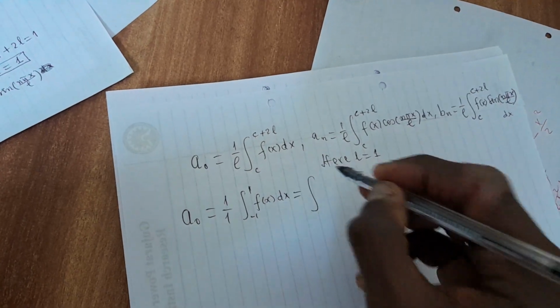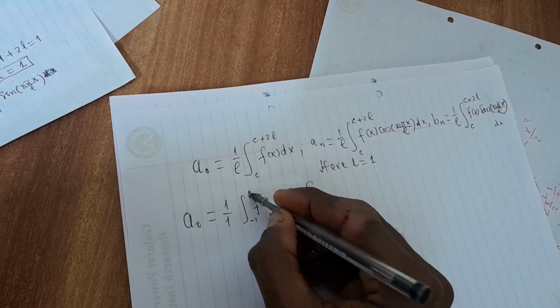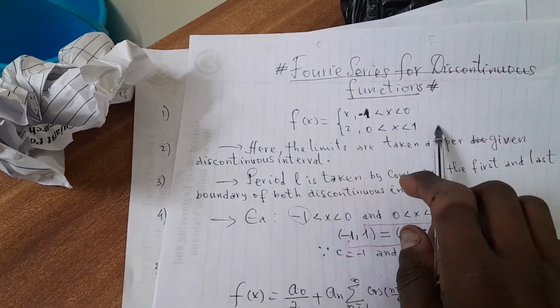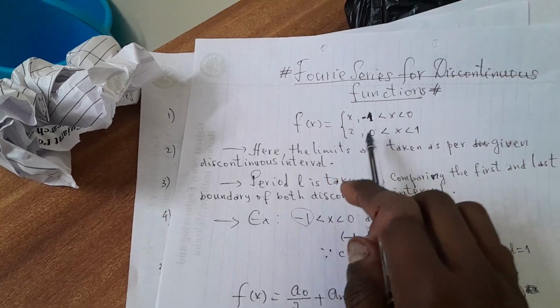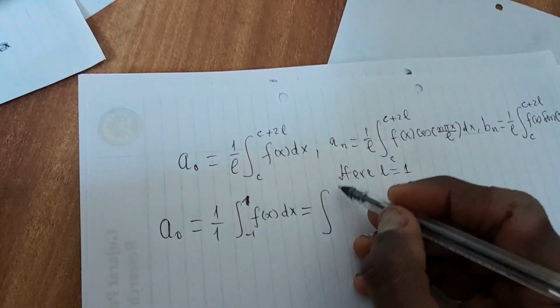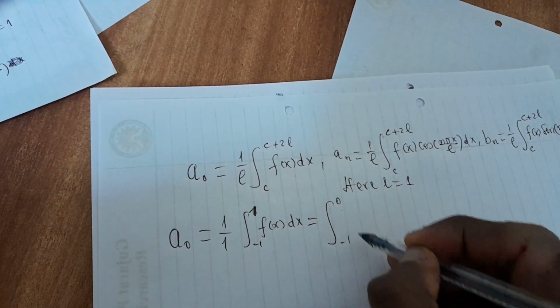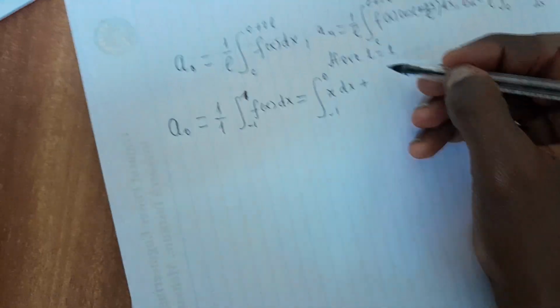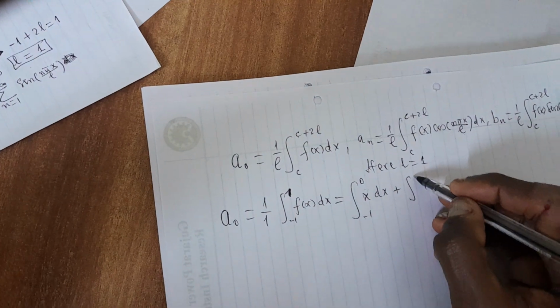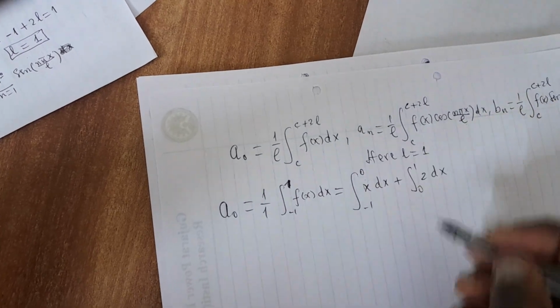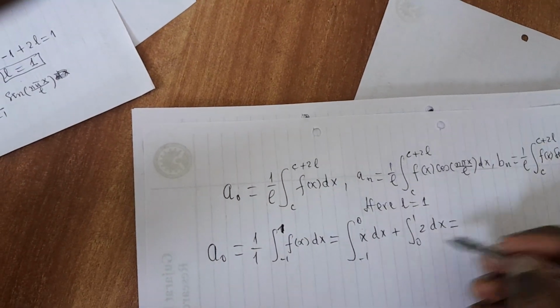Now you will split this interval, because it is the general limit from minus 1 to 1, but this function is discontinuous. From minus 1 to 0, the function will be x, and from 0 to 1, the function will be 2. So let us split this: the integral from minus 1 to 0 of x dx, plus the integral from 0 to 1 of 2 dx. Now just find this.